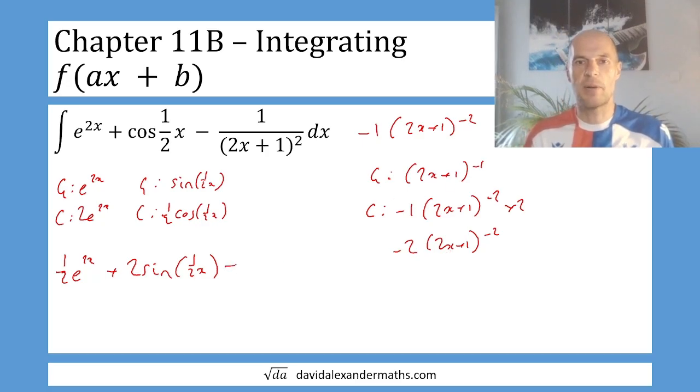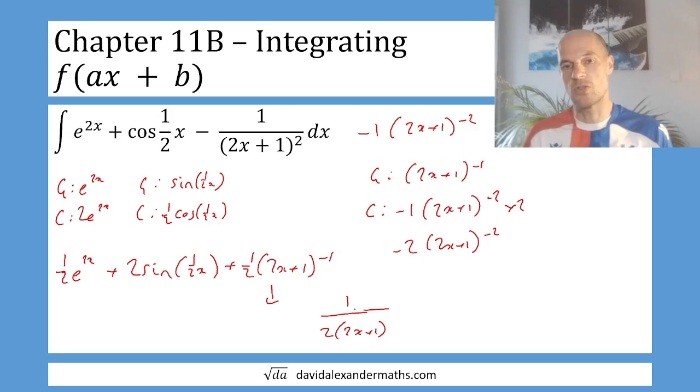So that's going to be plus 1/2 (2x plus 1) to the negative 1. And this term you could write as 1 over 2 lots of 2x plus 1 if you wanted to. In fact, you could even write it as 1 over 4x plus 2. Okay, and don't forget the plus c, of course.